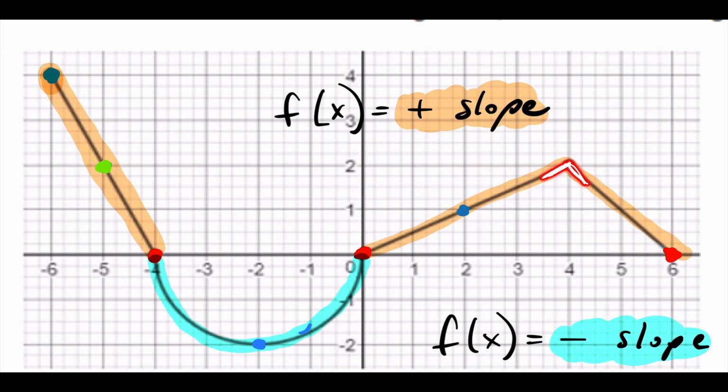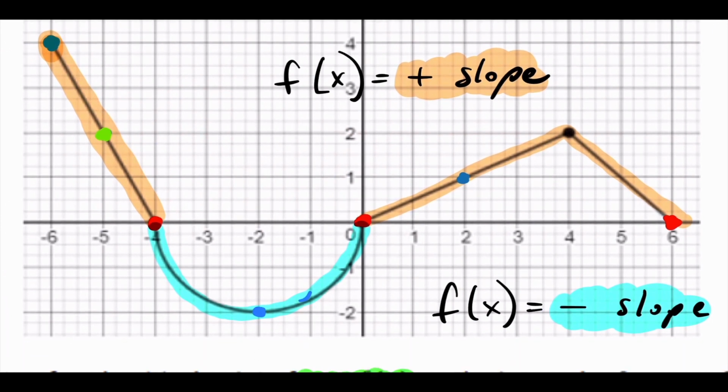So 4 works. Where else? There's one more spot. Not -6. -6 would have a slope same as -5. Where does this guy have a slope of 0? There you go, -2, right there. -2 and 4. Okay, that's where it has a slope of 0.